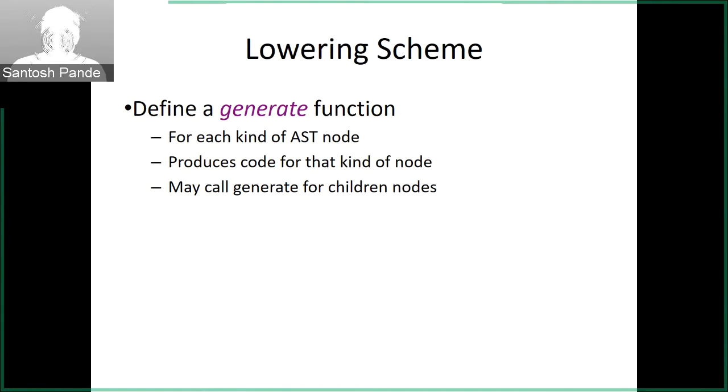So towards that, we are going to define what we call a generate function for each of the kinds of AST nodes. And we'll have the calls for the children here from the top level AST node that we are going to deal with.